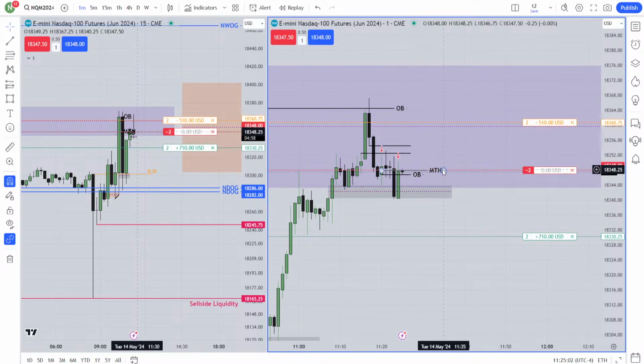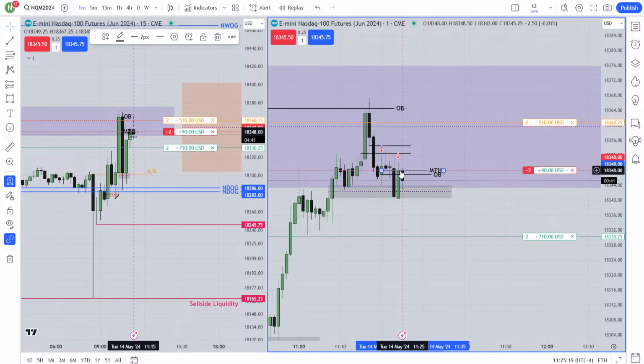Nice. This is the min threshold. The body should not close above the min threshold. So far I'm cool. I'm okay. You can't see the line of the min threshold, but that is the line. If the body closes above the min threshold, it's not a good sign. Otherwise, until now it's perfect because the body closed below the min threshold.